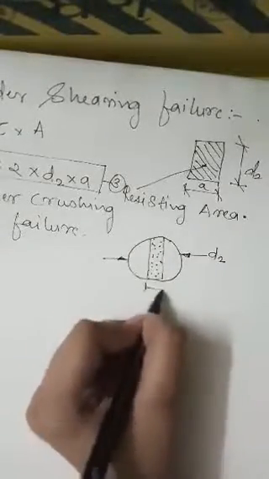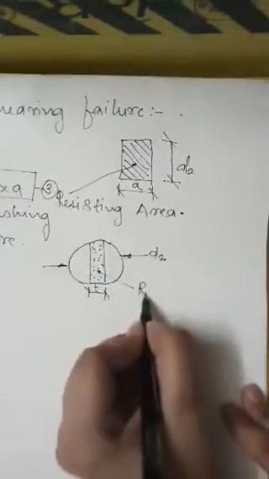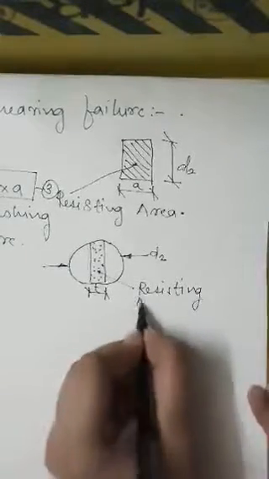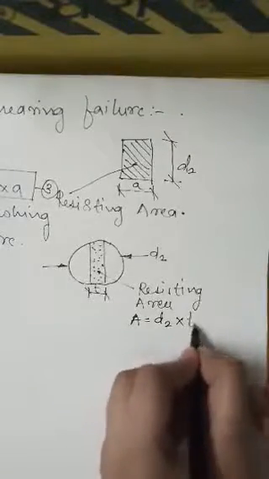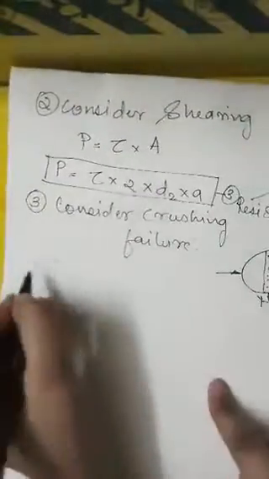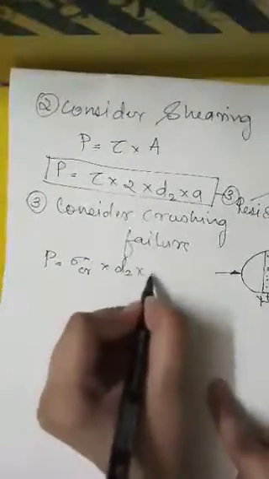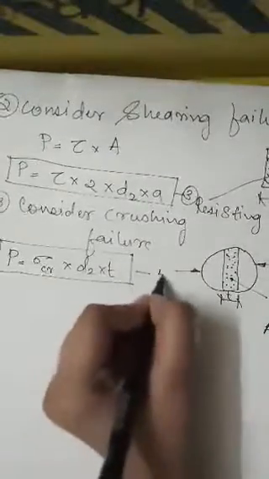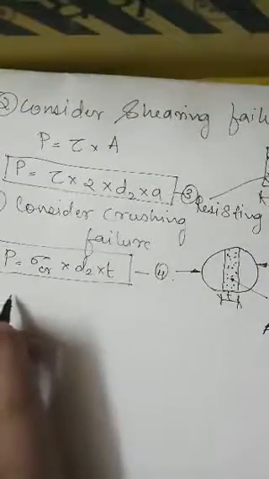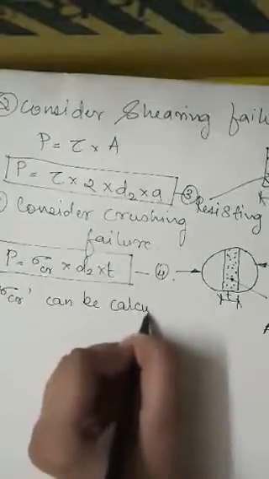This is the thickness T. So the resisting area becomes A equals D2 into T. For equation number 4, our formula will become: force equals crushing stress into D2 into T. From this we can find out crushing stresses, which can be calculated or checked.